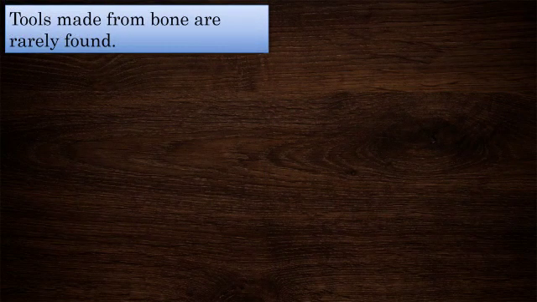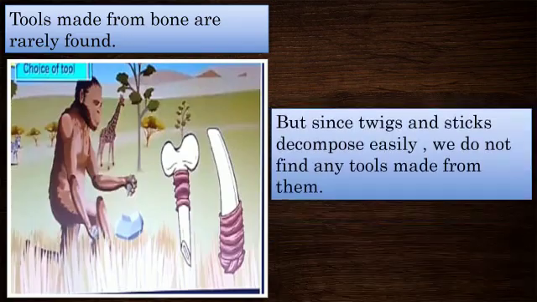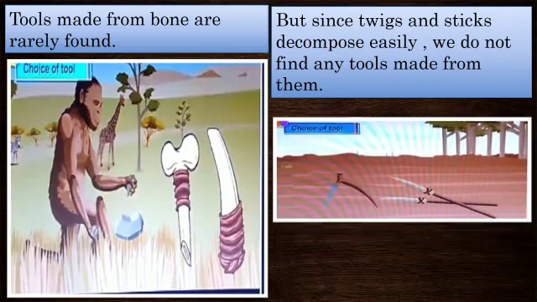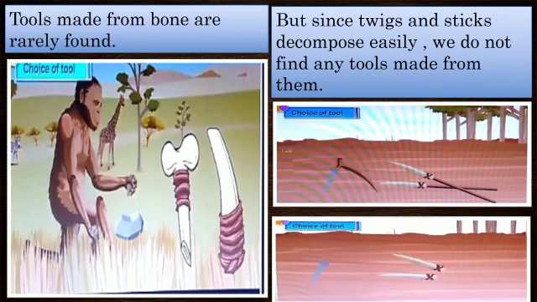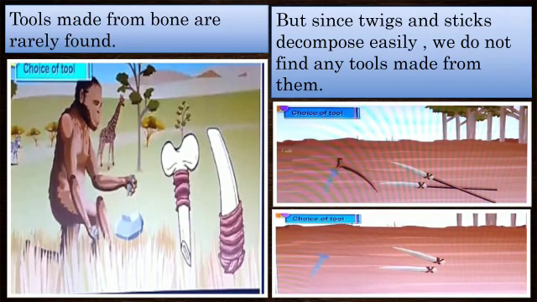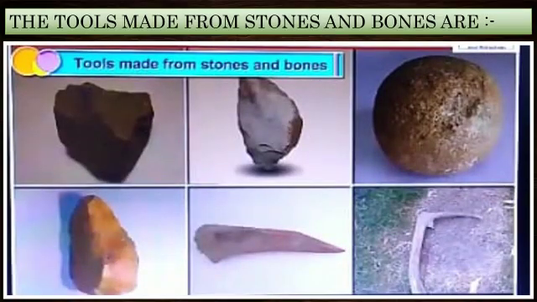So my dear students, tools made from bone are rarely found. But since twigs and sticks decompose easily, we do not find any tools made from them. So my dear students, as we move further, let's see the tools made from stones and bones.